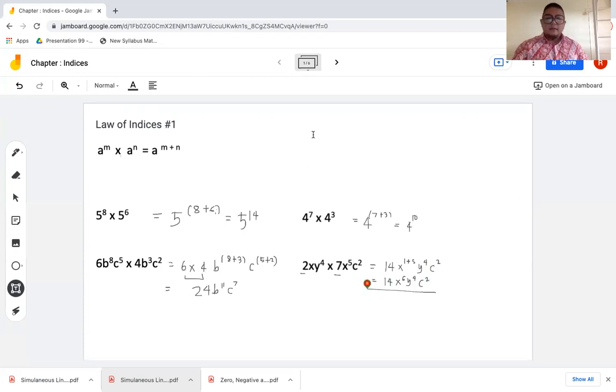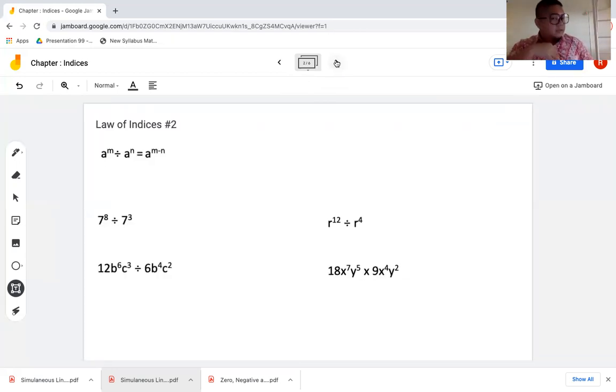Okay. Now, this is the law of indices number 1. This time we're going to move on to number 2. This one involves division. As you notice in this particular problem, when you encounter calculations with the same bases, all we need to do is subtract their given exponents.